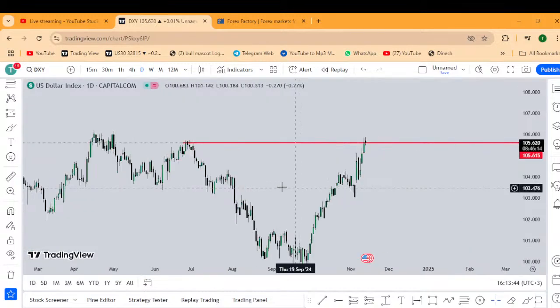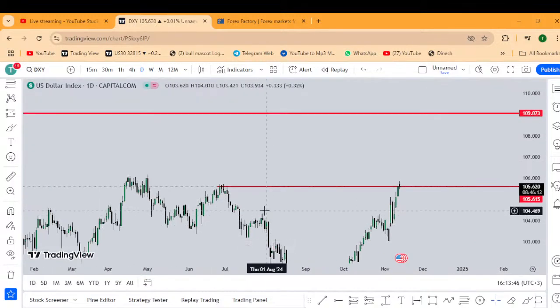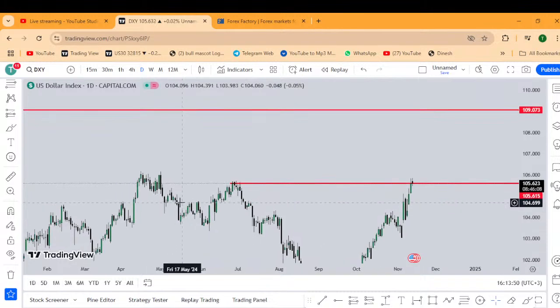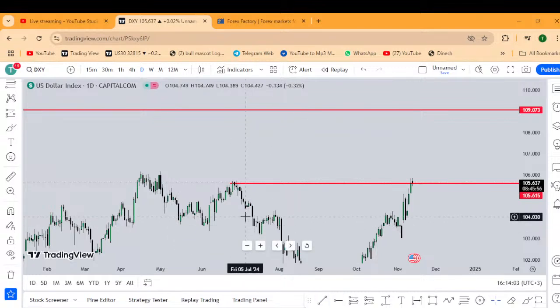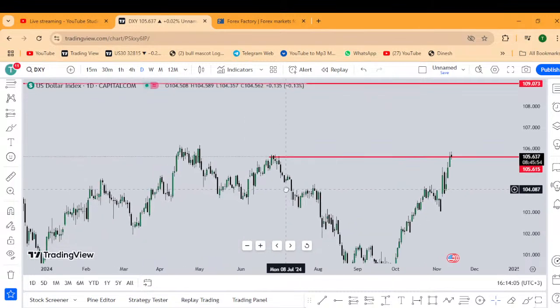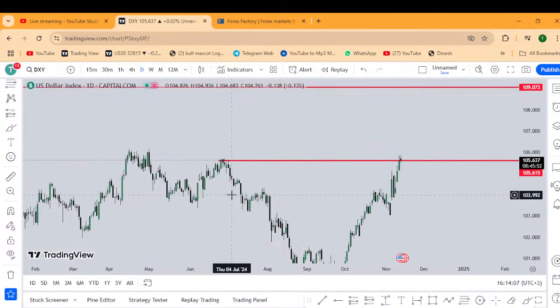Okay, now, remember fundamentally we have seen positive, but let's see what the technical view gives us.